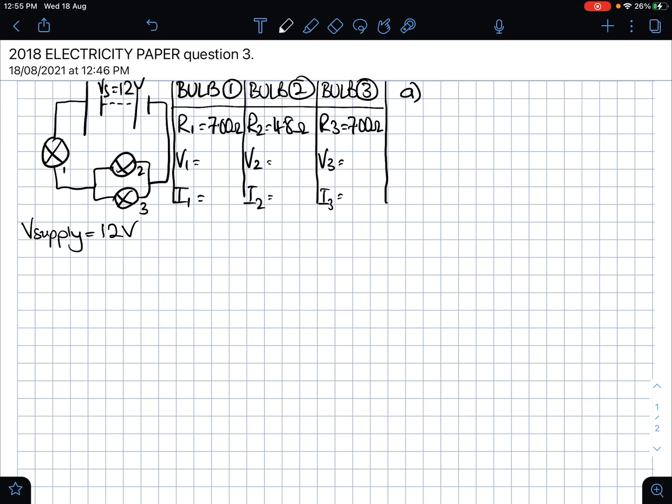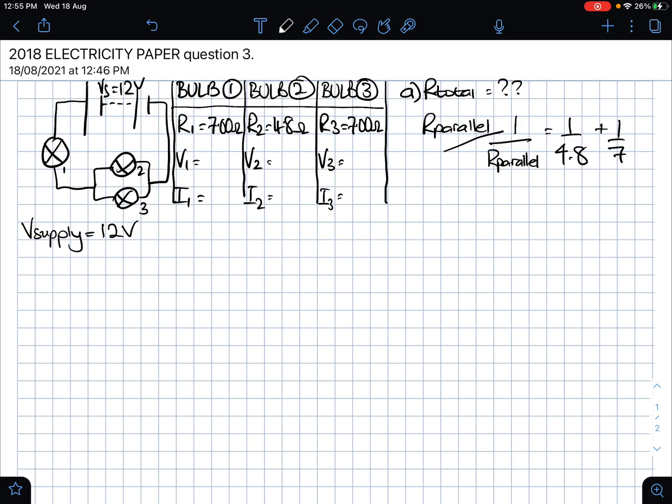And part A asks us to find the total resistance of the circuit, and we need to show that it's 10. So the first thing we're going to do is look at the parallel parts. And the formula for that is 1 over R parallel is 1 over 4.8 plus 1 over 7.